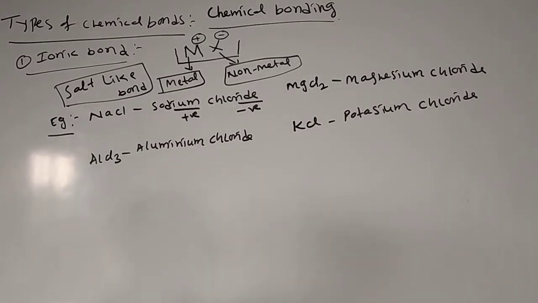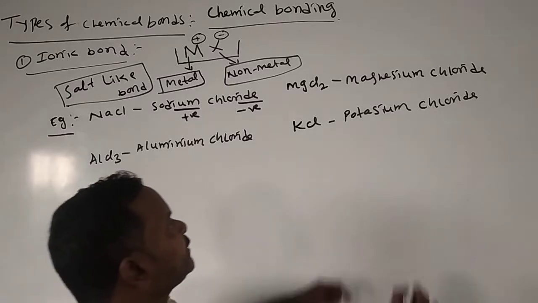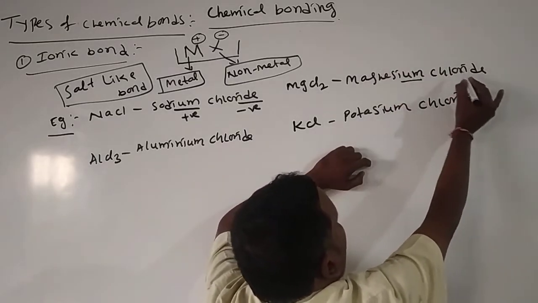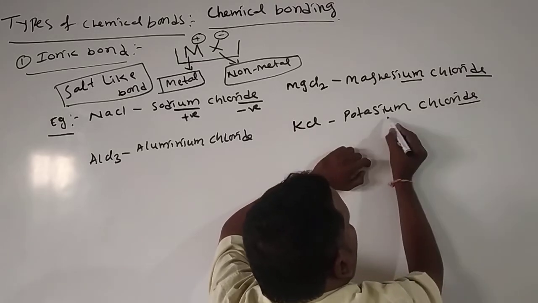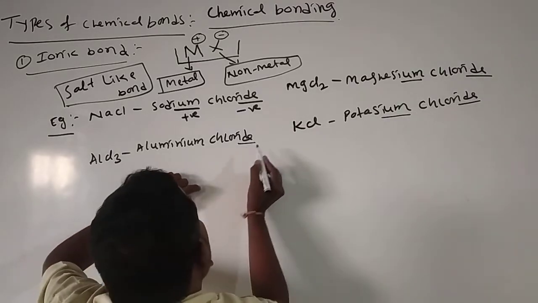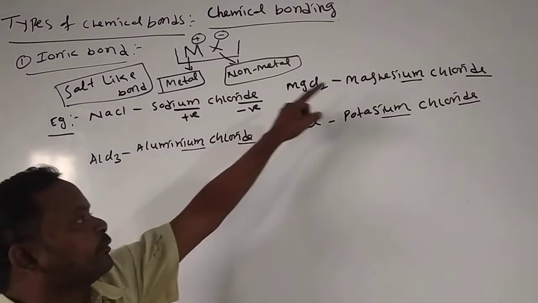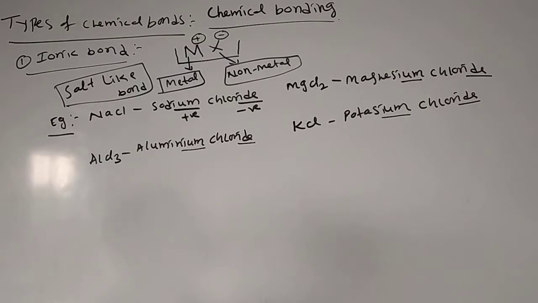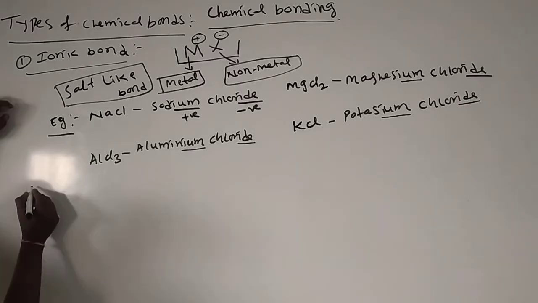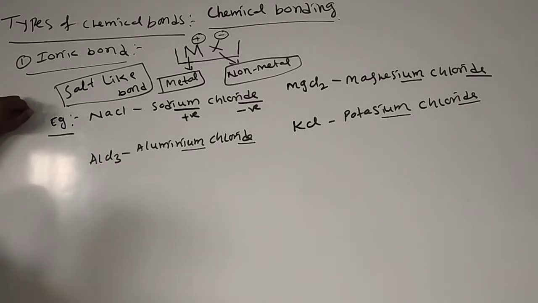See here, magnesium is the positive part, chloride the negative part, and so on. Strong attraction forces between two oppositely charged ions we call an ionic bond. These are the examples for ionic compounds.